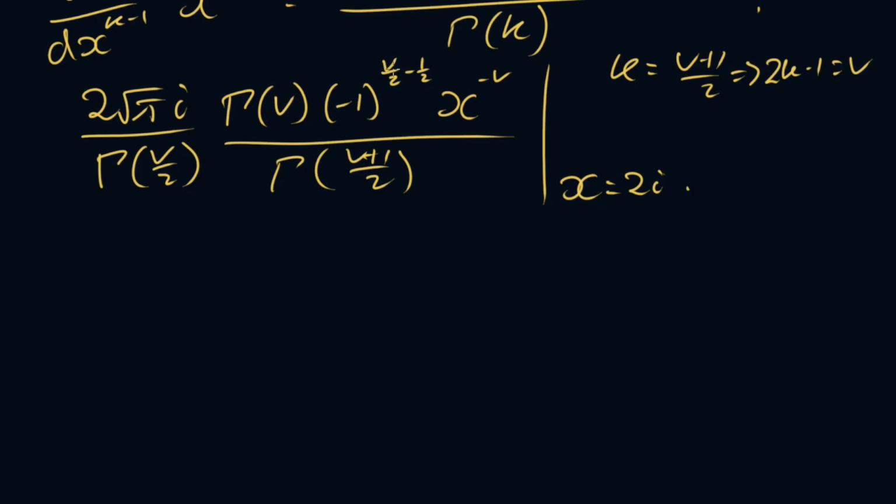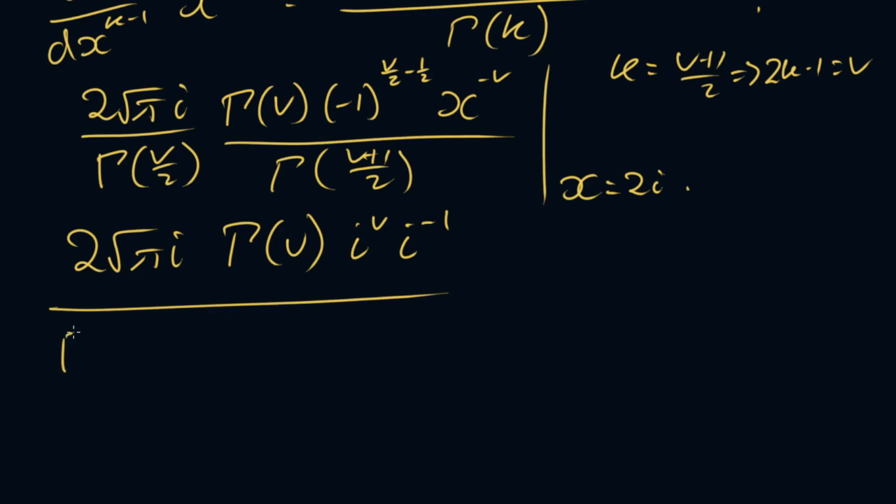Notice that minus 1 to the nu over 2 is just i to the nu. So 2 root pi i gamma of nu, i to the nu, i to the minus 1 because we've got minus 1 to the power of minus a half, over gamma nu over 2 gamma nu over 2 plus 1 half, and then we have 2i to the nu.